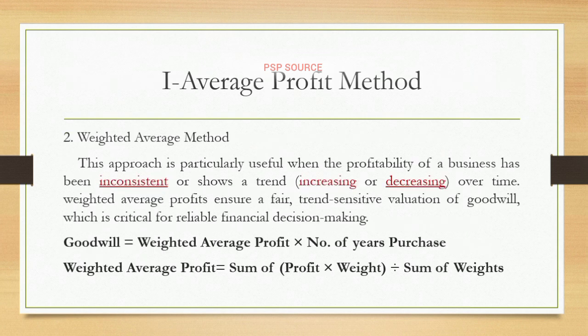Next, the second method of average profit method is the weighted average method. This approach is particularly useful when the profitability of the business has been inconsistent.